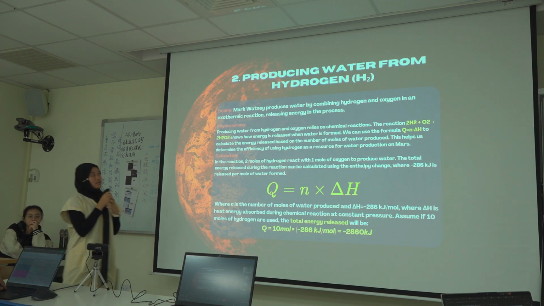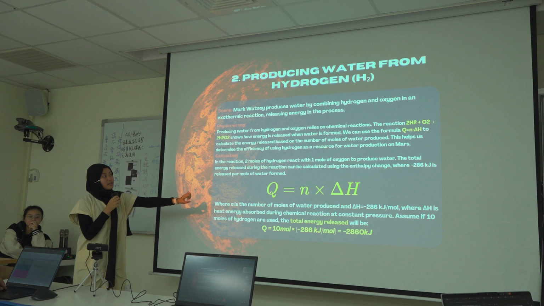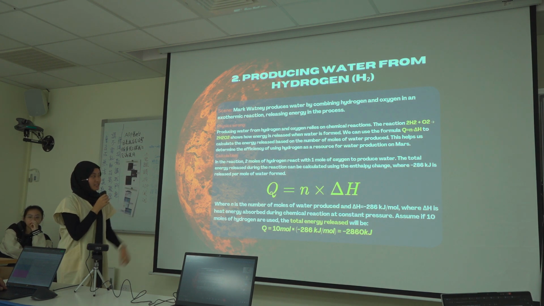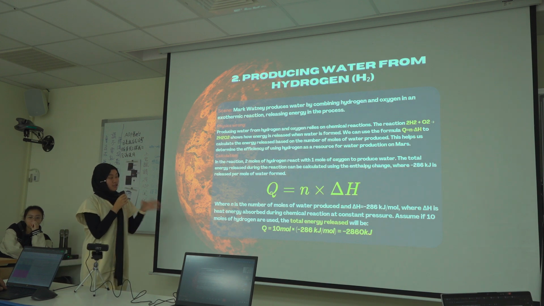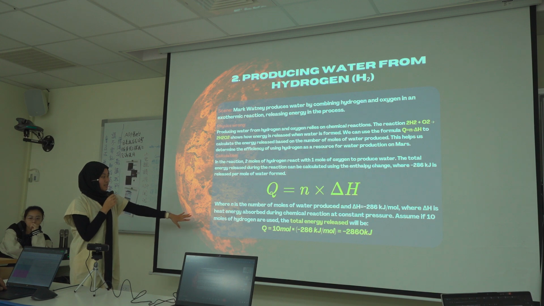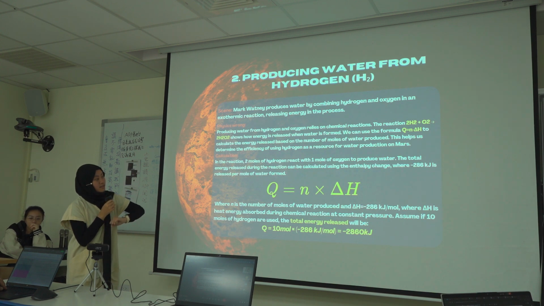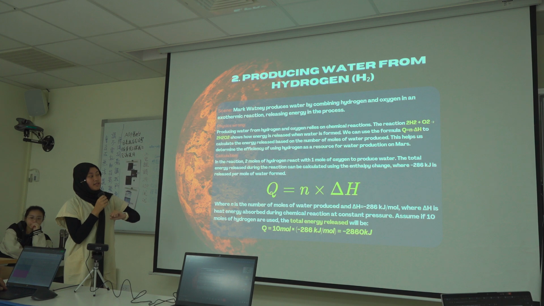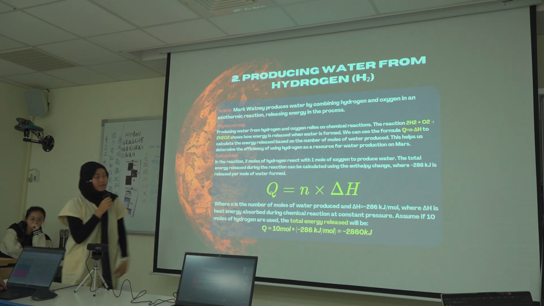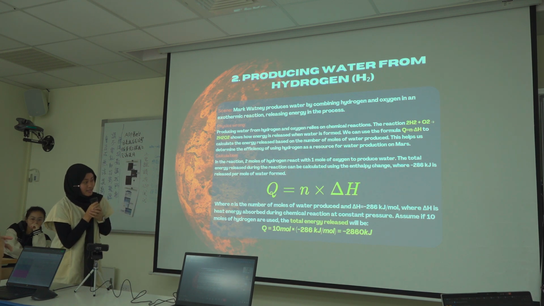We use enthalpy change, Q equals n times delta H. We assume n is 10 mole, and delta H is minus 286 kilojoule per mole, so we calculate and get minus 2080 kilojoules.